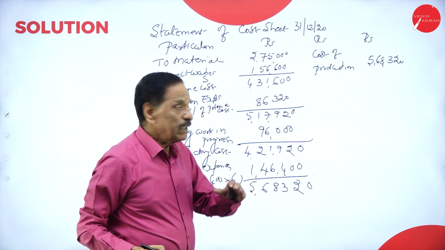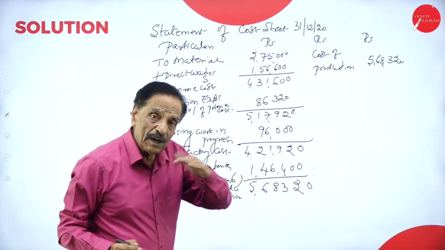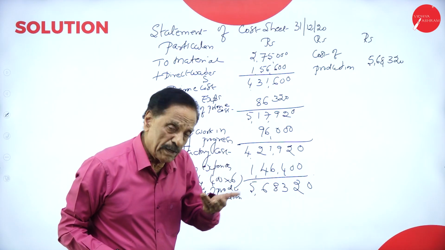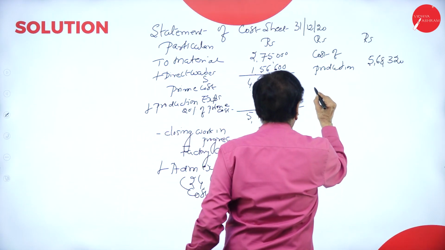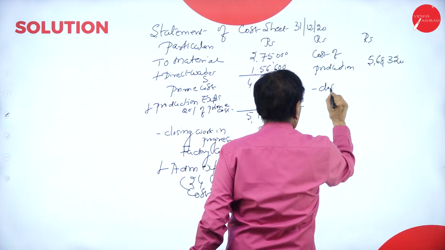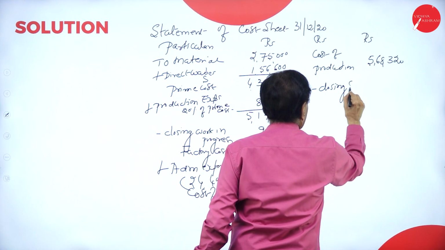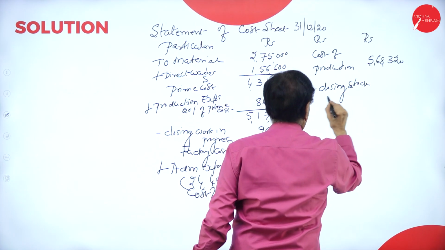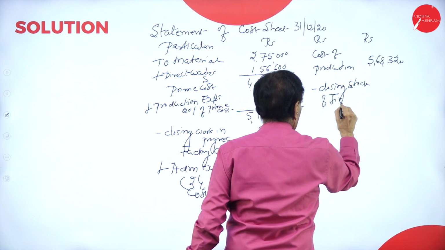Formula: add opening stock of finished goods, minus closing stock of finished goods.